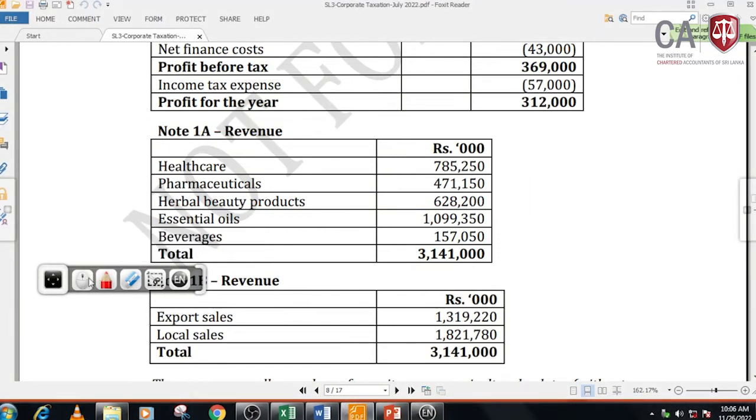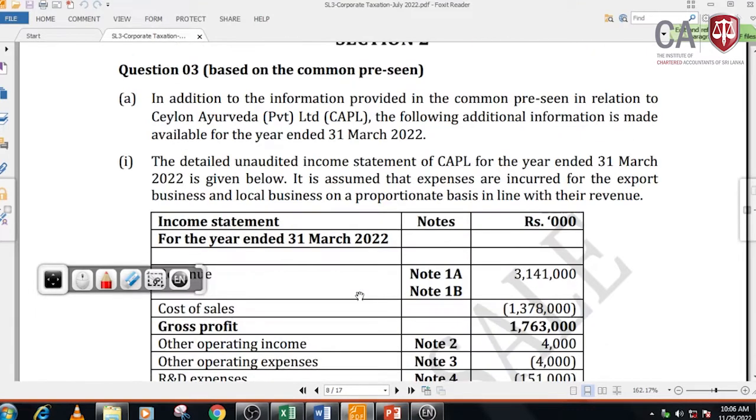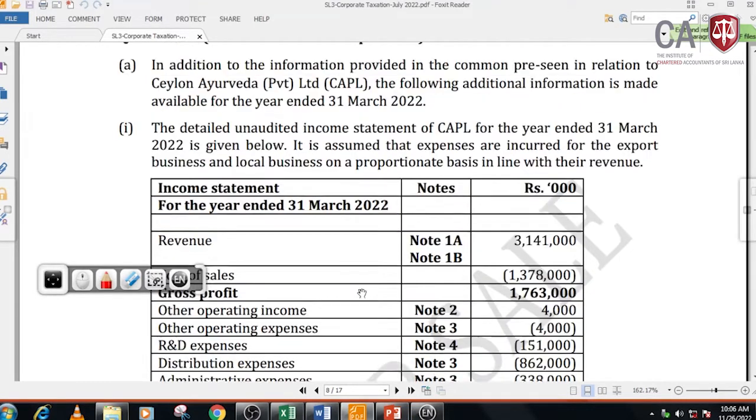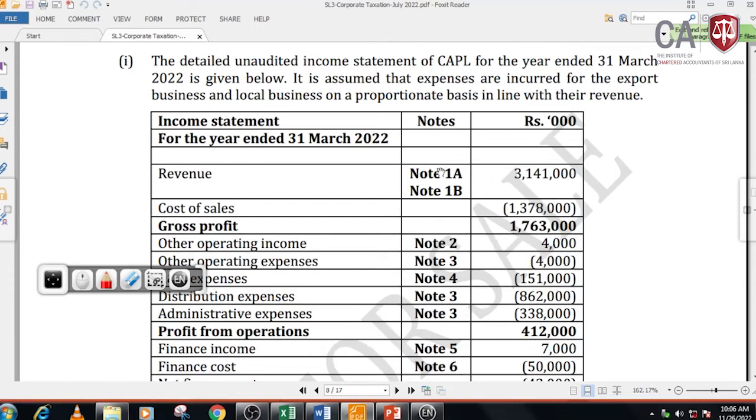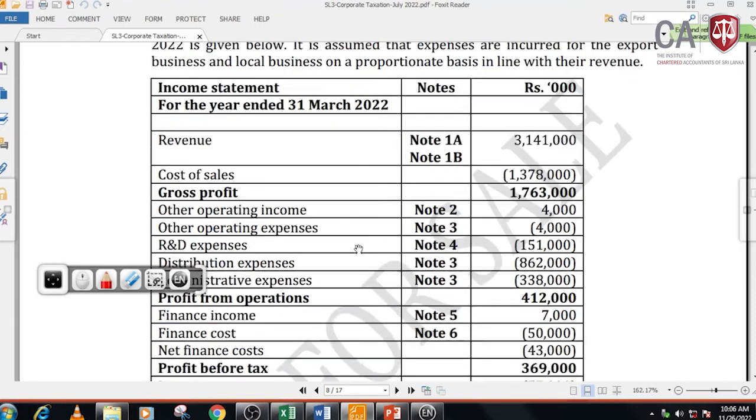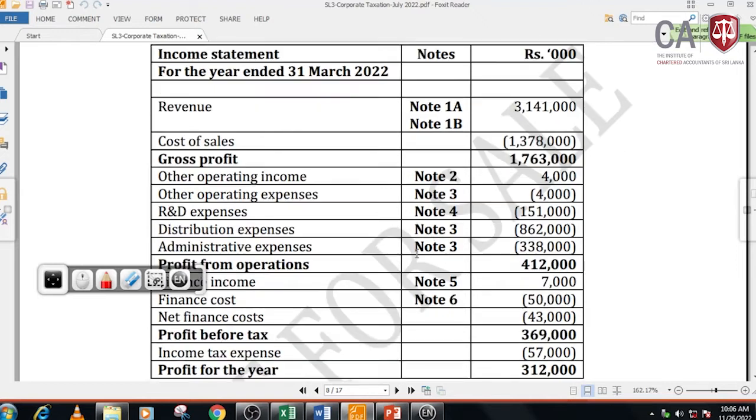Okay. Now that's on the second A in that first paragraph. Now income statement for the year ended 31st March 2022. Revenue note A and B, which I have shown to you, it has given. Then the cost of sale and other operating income, as usual there is a note. Then other operating expenses, R&D expense, distribution expense, administrative expenses, profit from operations.